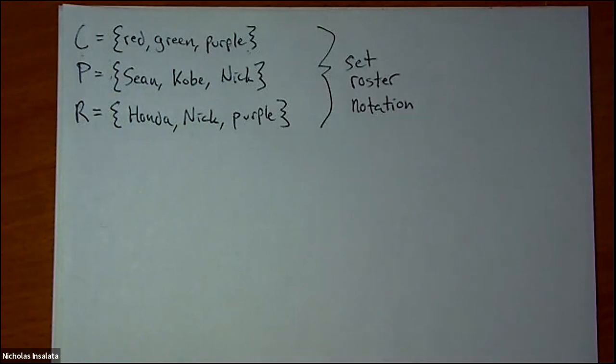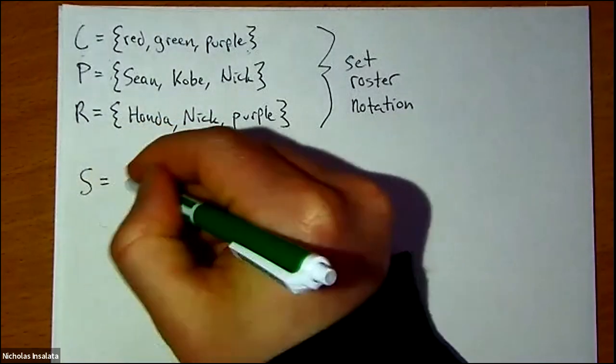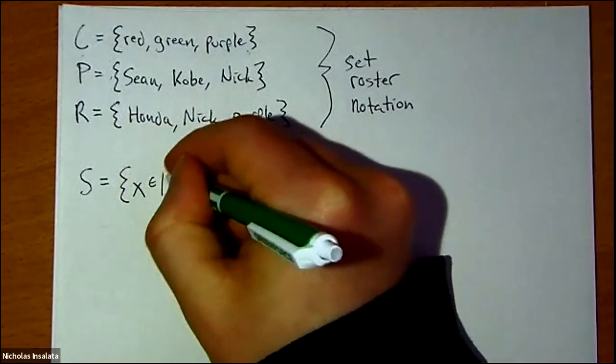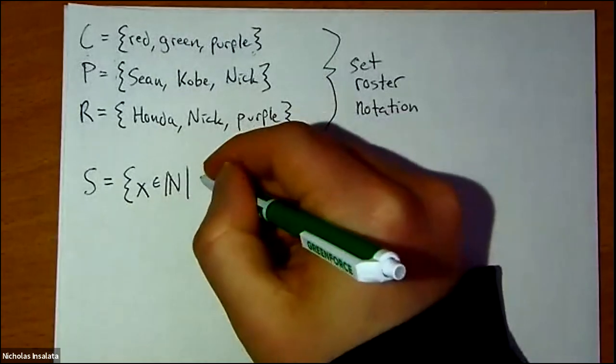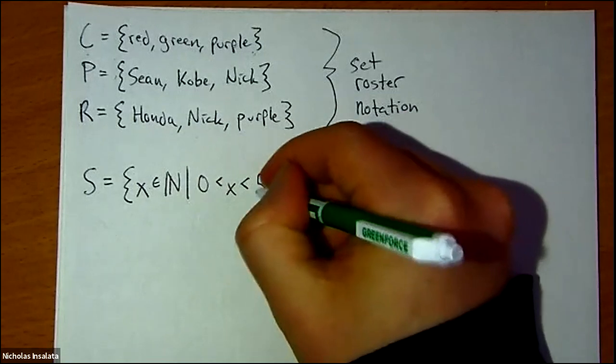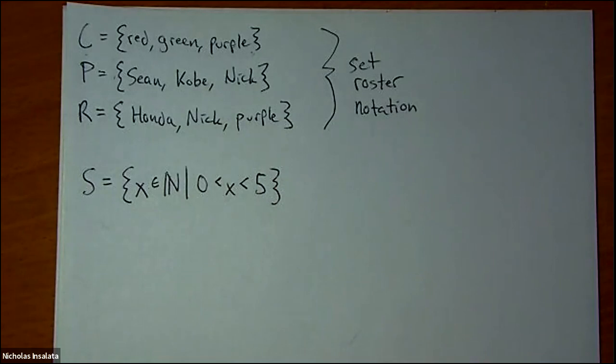But there's also a different way of talking about sets, which is called set builder notation. So I could say I have some set, which is the x's in the natural numbers such that 0 is less than x is less than 5. Now this is called set builder notation.